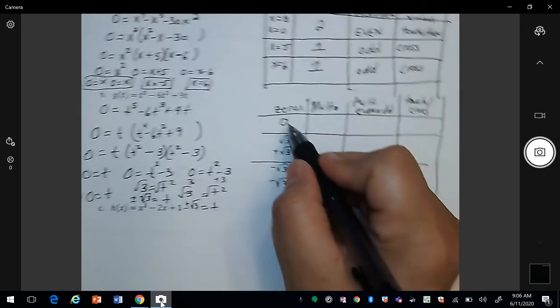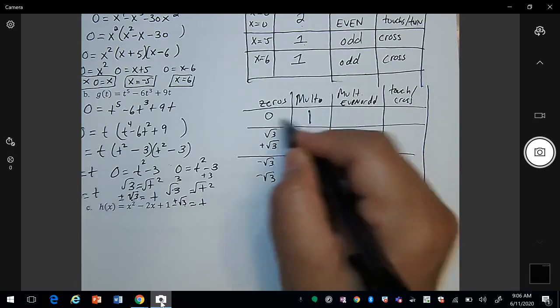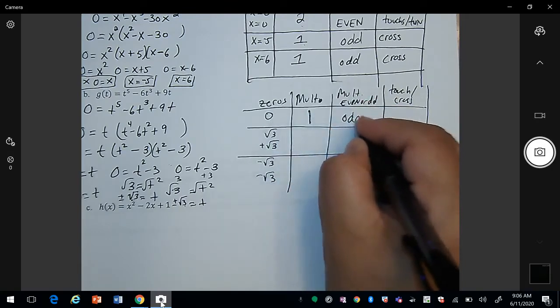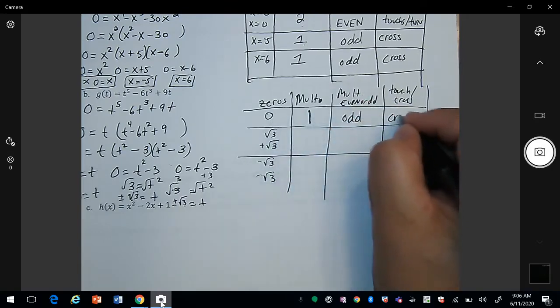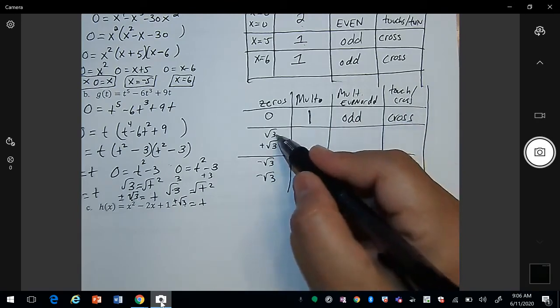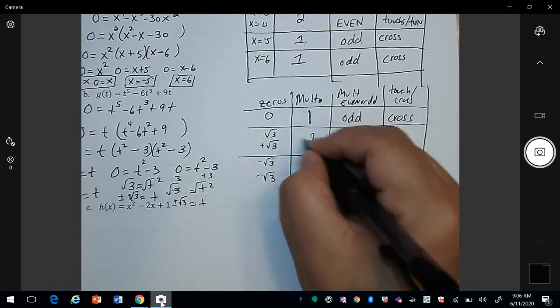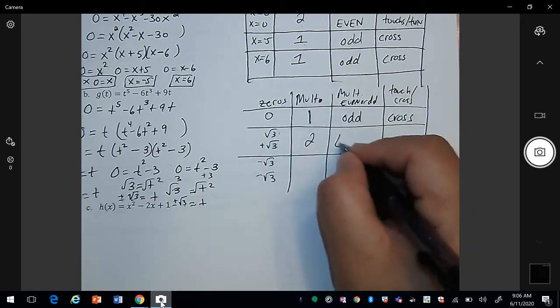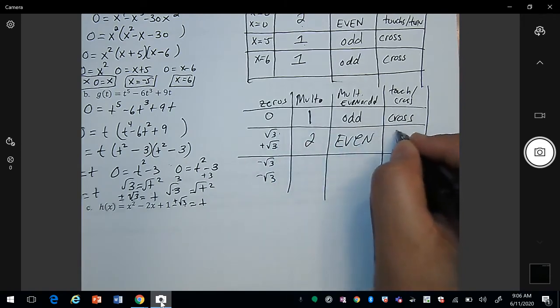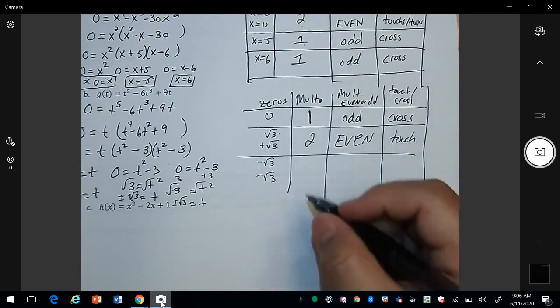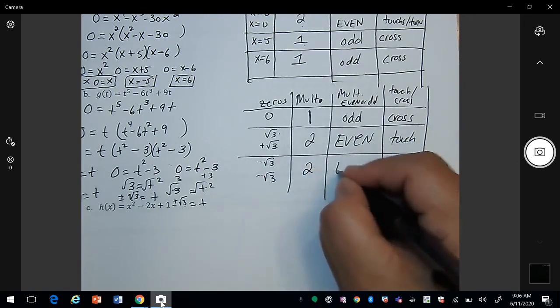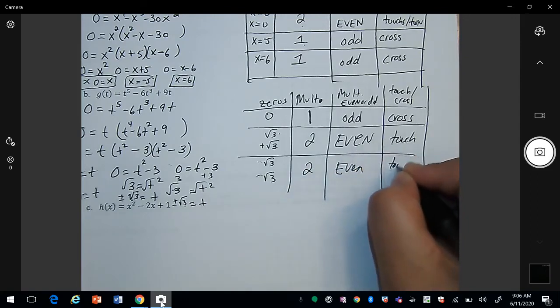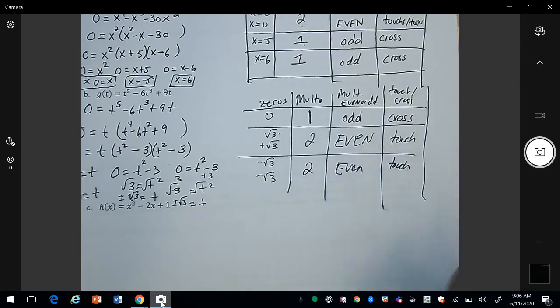So the multiplicity of 0 is 1 because it only occurs one time. So that's odd. Since this is odd, it's going to cross. The multiplicity of square root of 3 is 2. Since I have 1, 2. The number 2 is even. So this is going to touch and turn. And for this one, it's 2 as well. So this would be even. So it's going to touch and turn.